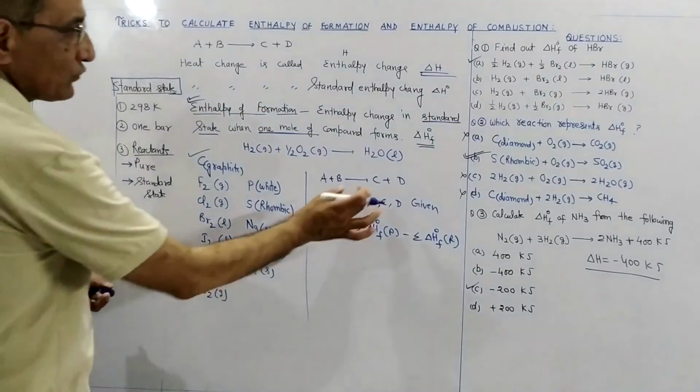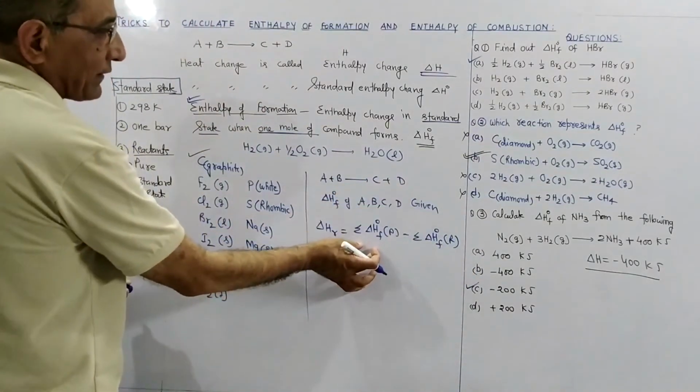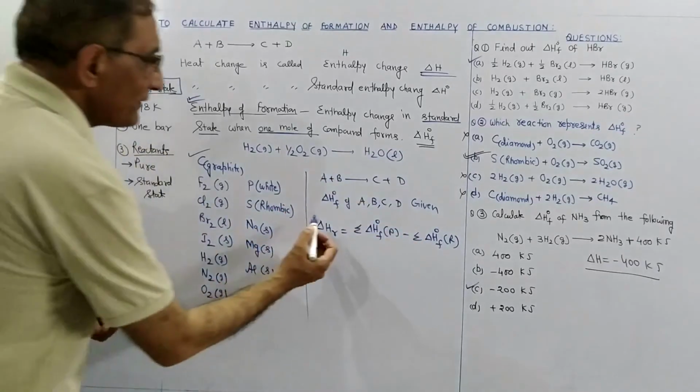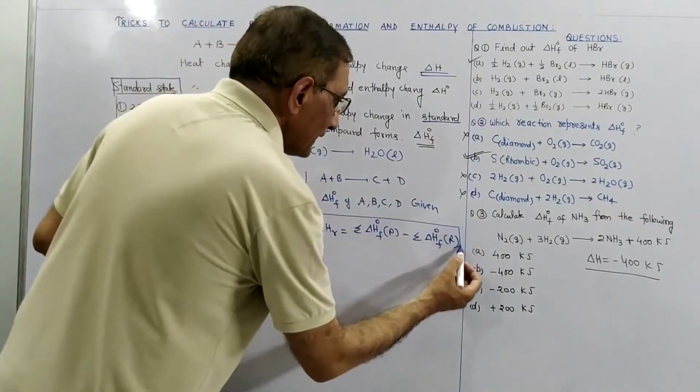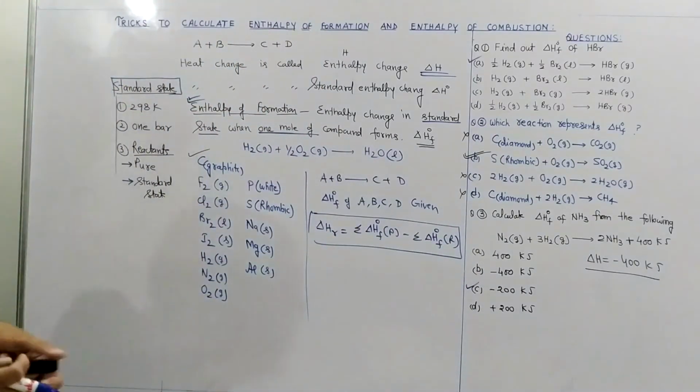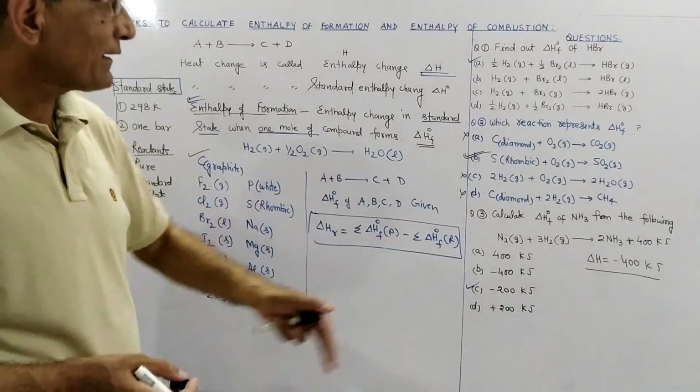It means you have to add these two values of products, and from this you have to subtract these two values. So always remember this formula: in case of standard enthalpy of formation, it is always product minus reactant.